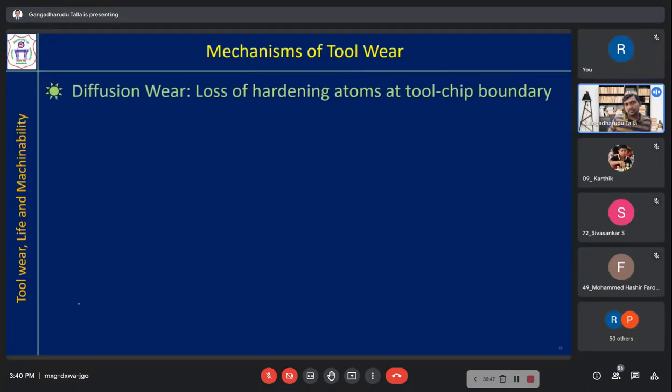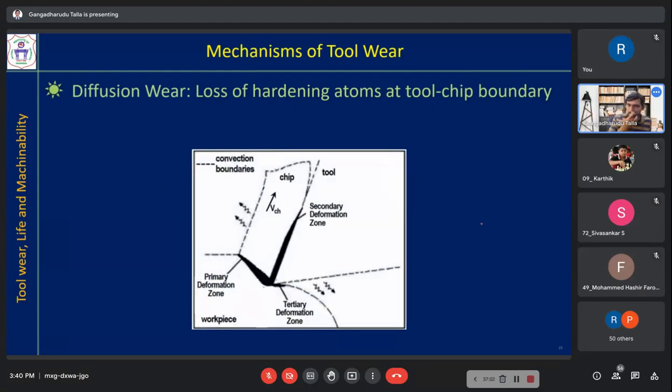Now another type is diffusion wear. Here, diffusion is the loss of hardening atoms at the tool-chip boundary. Let us see a figure and understand. Tool-chip boundary means this secondary interaction zone. This is the tool, this is the chip.